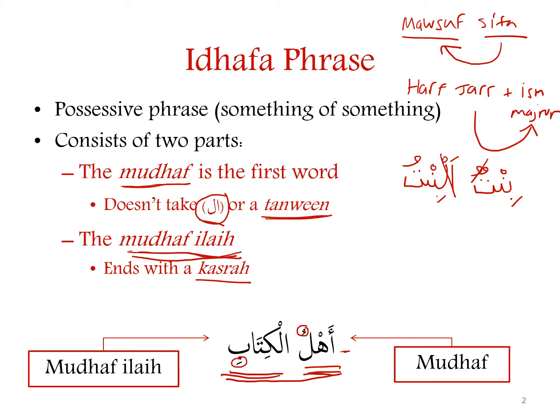So ahlul kitabi, ahl means people, has different meanings, but for this context we'll say people. Now because it's something of something, you'd say people of, and al-kitabi, the book. So if you wanted to say people of the book, you would use an idhafa phrase and say ahlul kitabi.